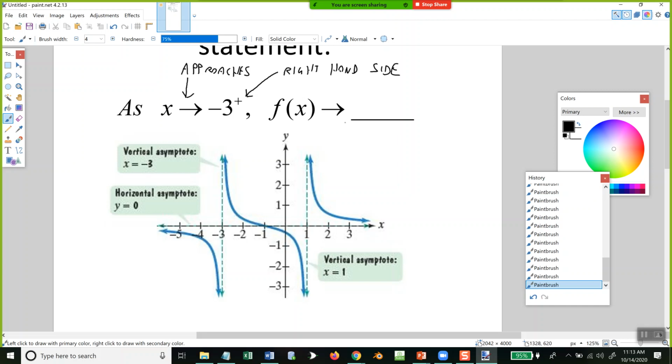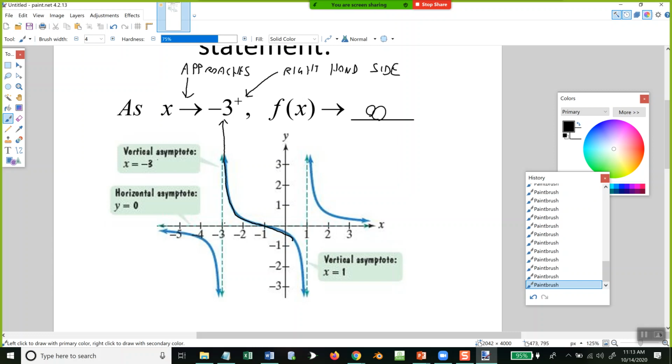Now -3 is down here, and I'm coming from the right-hand side, which means I'm tracing the graph, going along, keep tracing it. It's getting closer and closer to that dotted line, which we'll talk about in a minute. And it keeps on going up forever. Now, f of x is your y, so it appears my y values are going to infinity. And that'd be my answer.